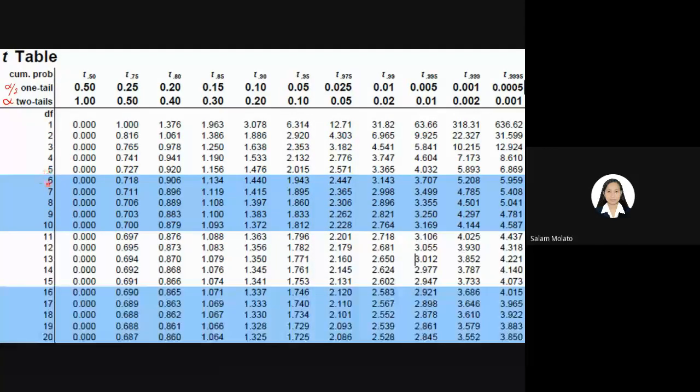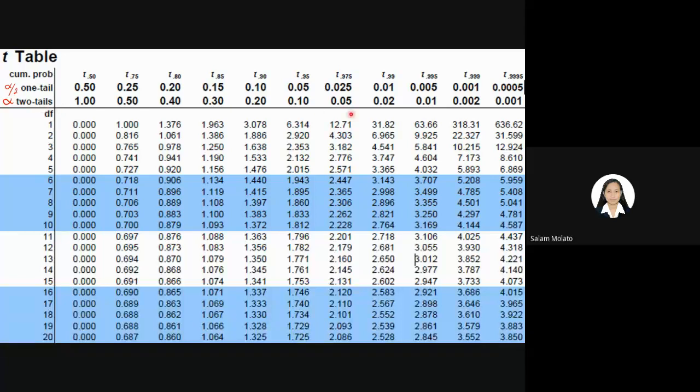Ito yan, 6. And if I'm going to use the two tails or the alpha, that's 0.01. So, if I'm going to use 0.01, it will give me this. Ito. Tama? So, kung alpha ang gagamitin natin, again, two tails stands for alpha.